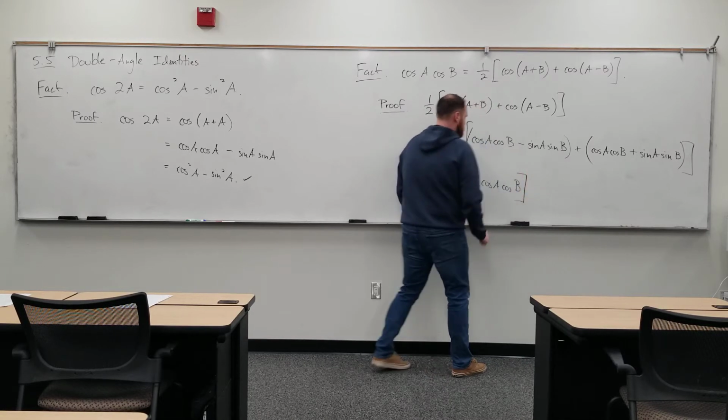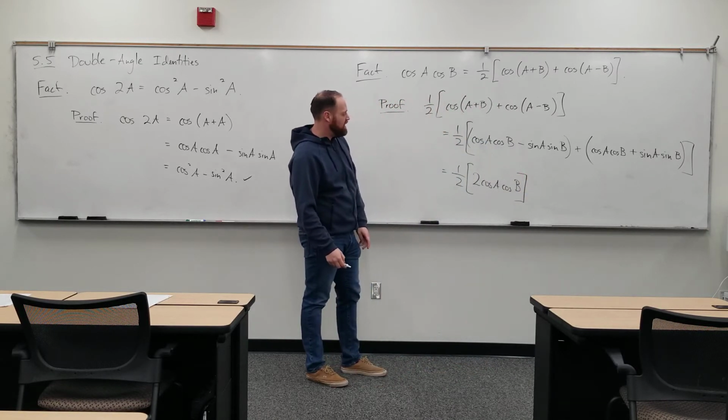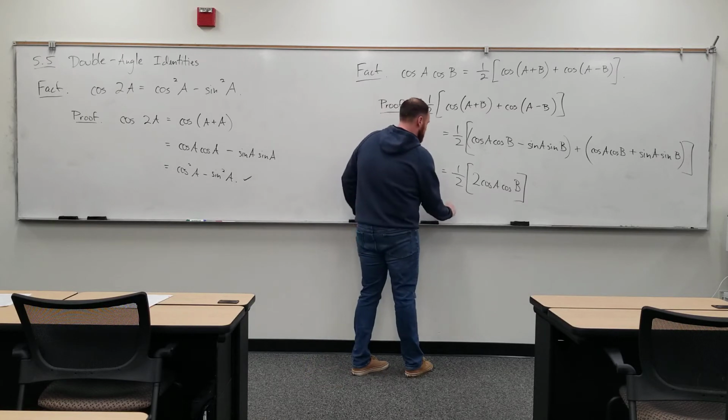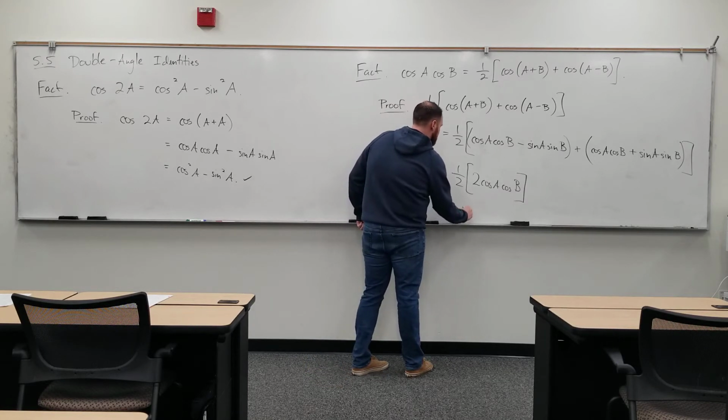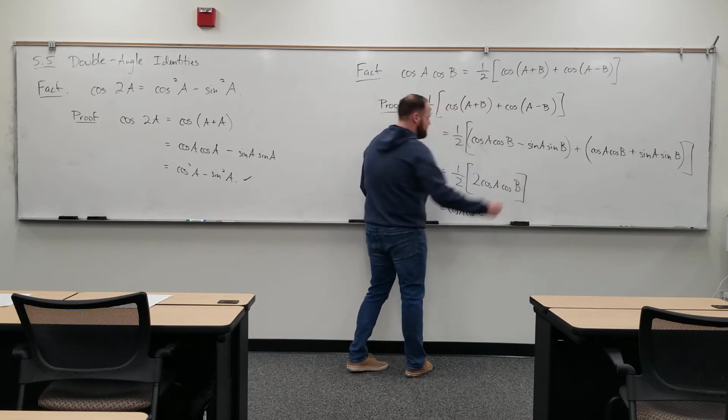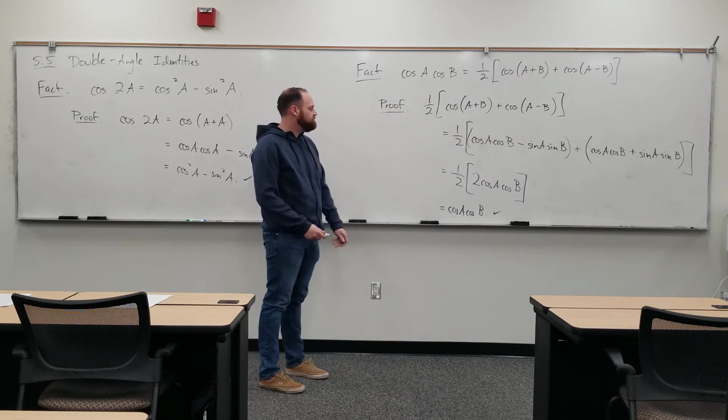So this whole thing just collapses down to that. And of course, 1/2 times 2 is just 1. So this is just cosine A cosine B, as desired, right?